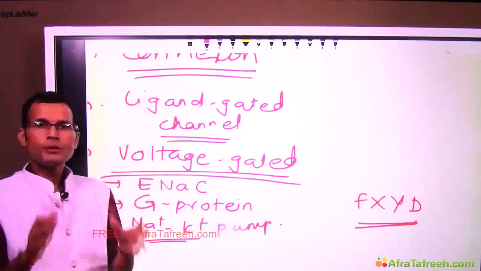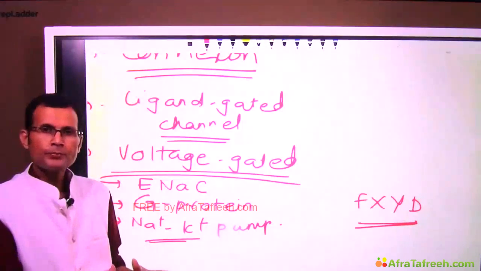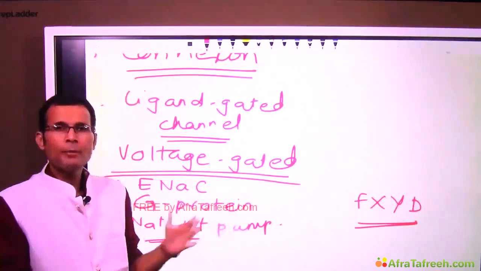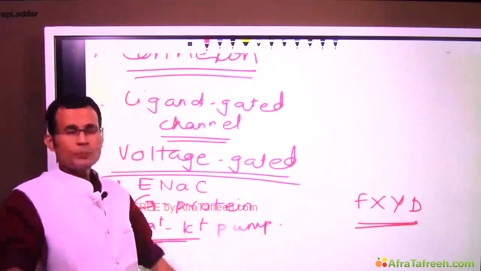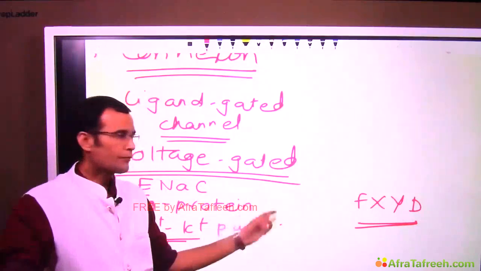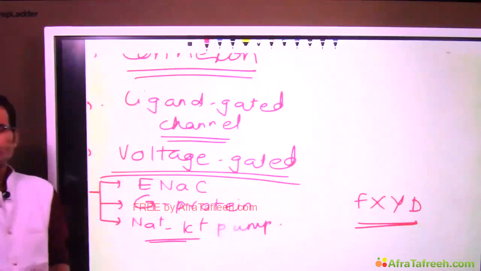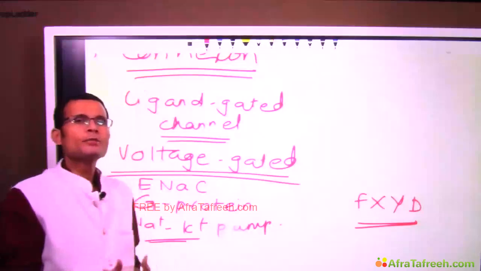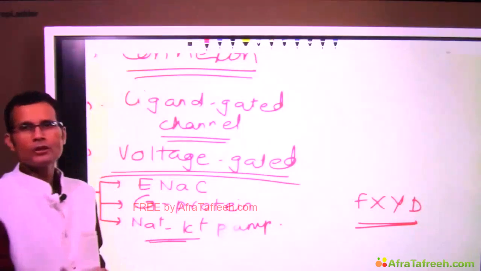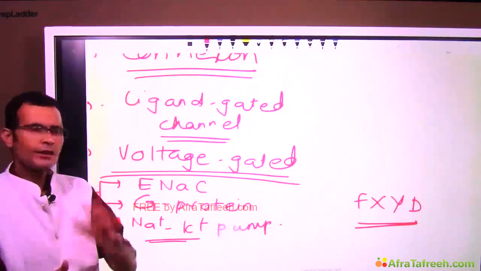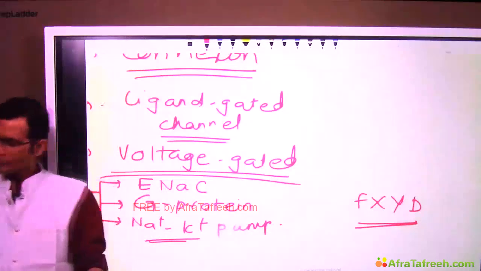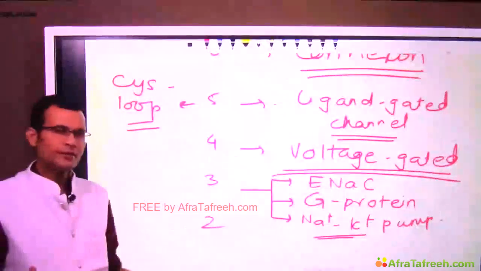So sodium potassium pump is a trimer. It has got 3 subunits, alpha, beta and gamma. I know it becomes debatable whenever I mention this, because most of you have read sodium potassium pump has got 2 subunits. The 3rd subunit has been discovered recently.